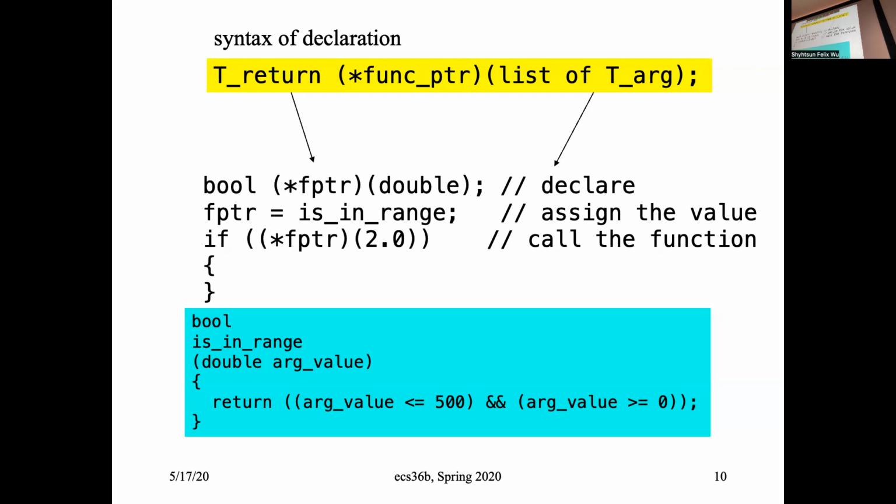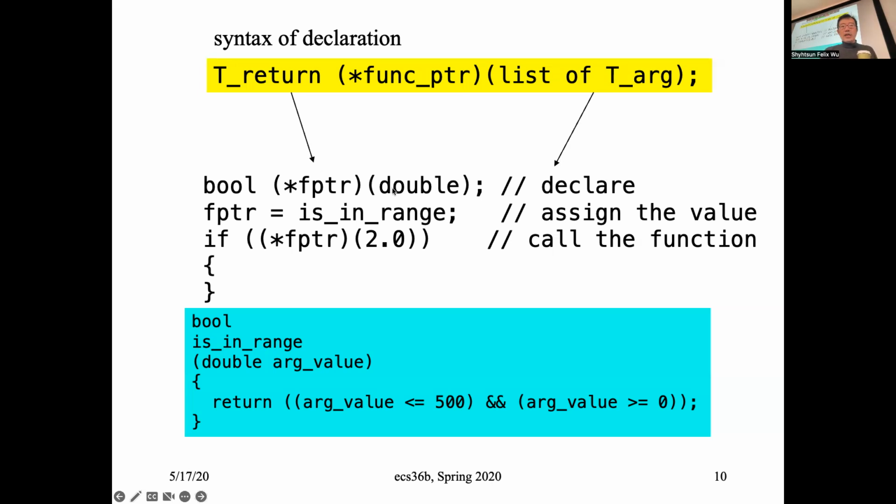So let's go back to your question. Why do we need to have this concept called pointer to a function? So pointer, the concept, this is the language for a pointer to function.